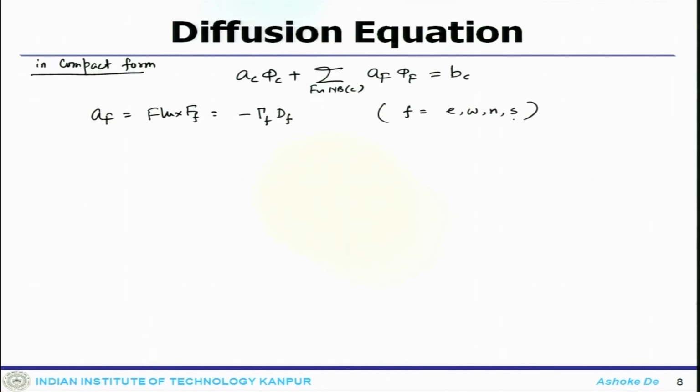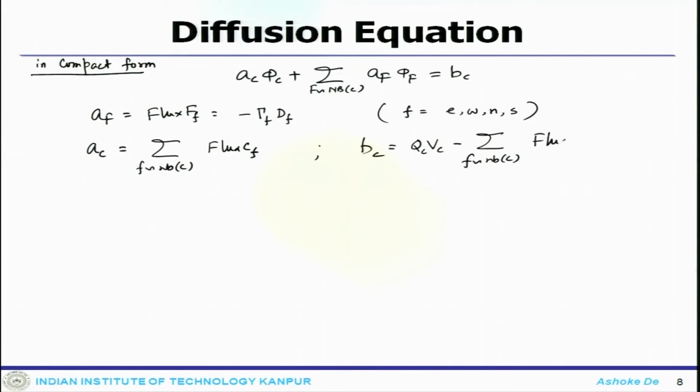That is how A_C is the summation over small f of flux C_f, and B_C would be Q_C V_C minus the summation over small f of flux B_f.